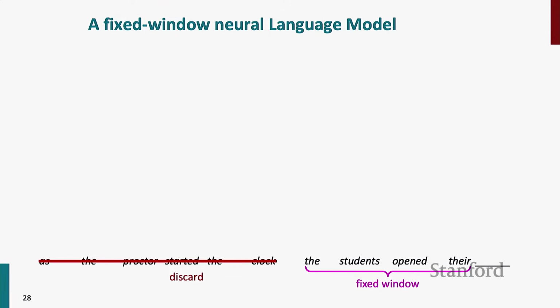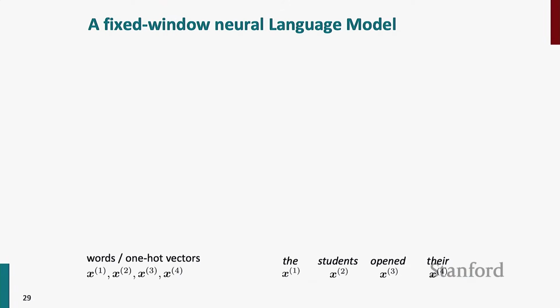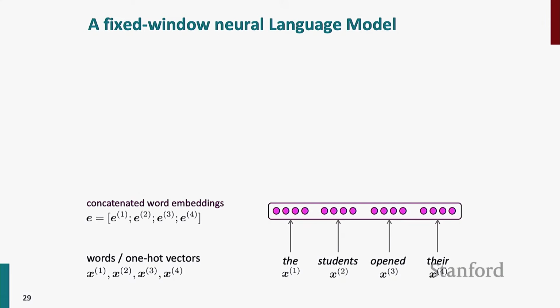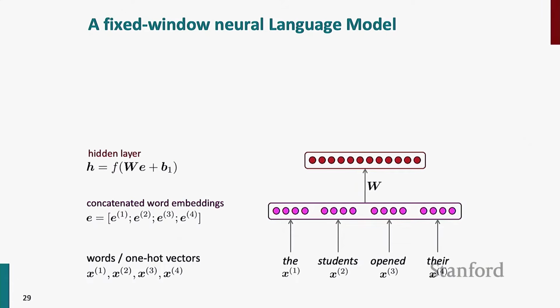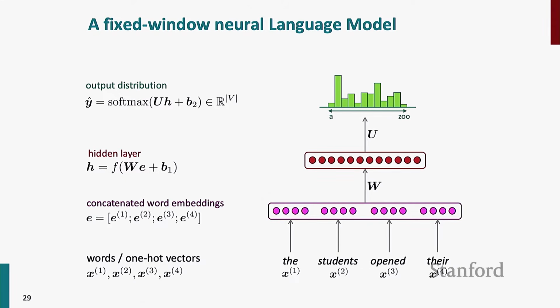And so for the fixed window, we'll use word embeddings, which you can concatenate. We'll put it through a hidden layer, and then we'll take the output of that hidden layer, multiply it by another layer, say, and then put that through a softmax and get an output distribution. And so this gives us a fixed window neural language model.